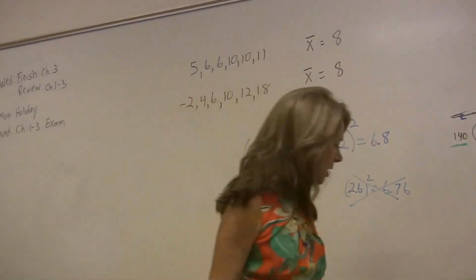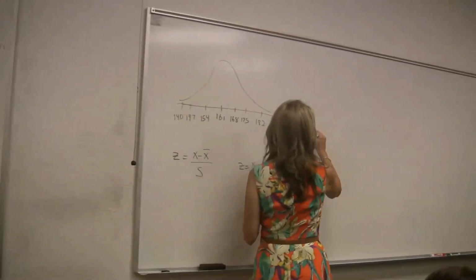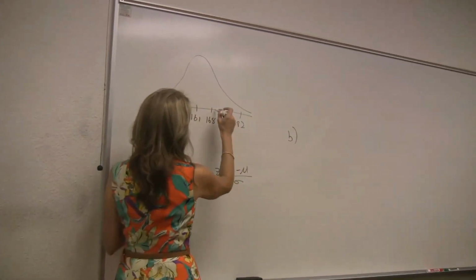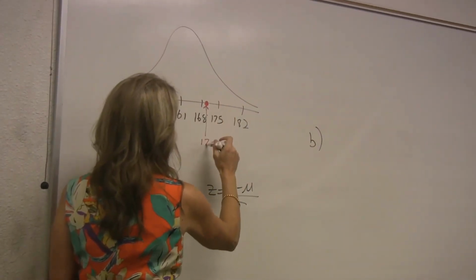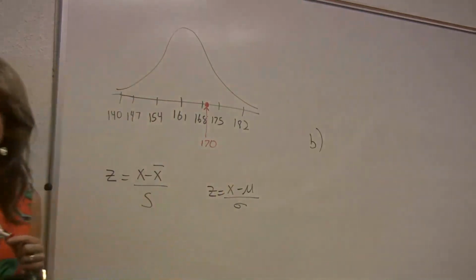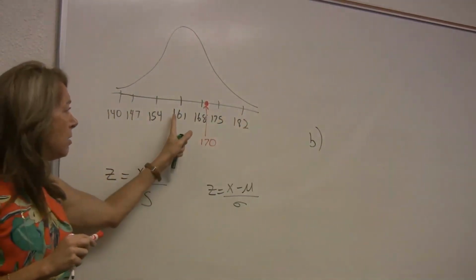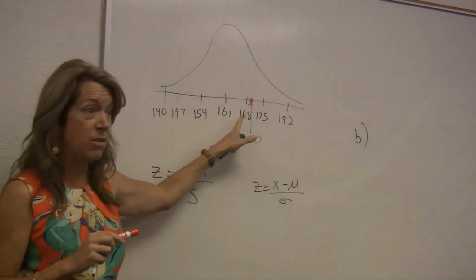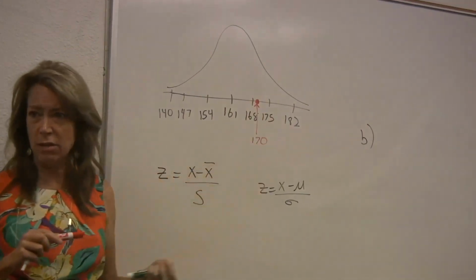I'll visually look at question B here. 170 is roughly right in here. I found 170 on my number line. From here to 168 is 1 standard deviation, and if I go all the way to 175, that's 2 standard deviations.